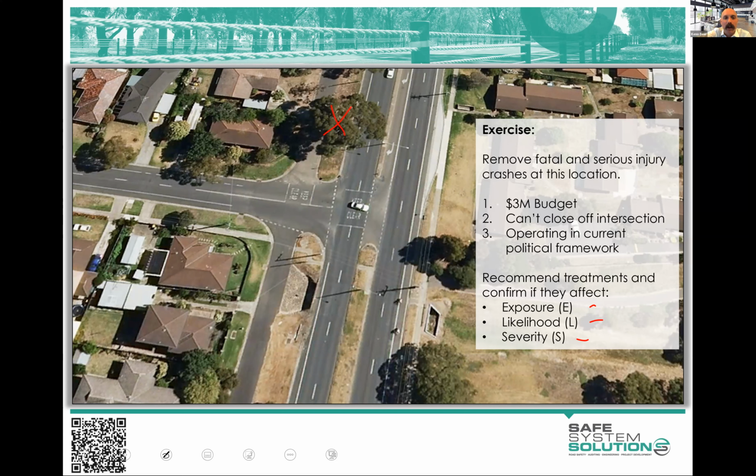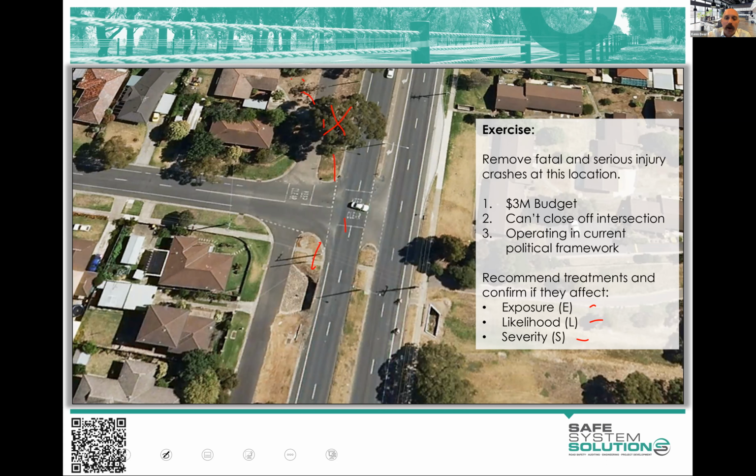That means that people are going to be less likely to hit the tree when they leave the road. They still could be involved in a runoff road crash, couldn't they? So they might miss that, but they might go through and hit another tree or hit a house or hit one of these power poles or the like.